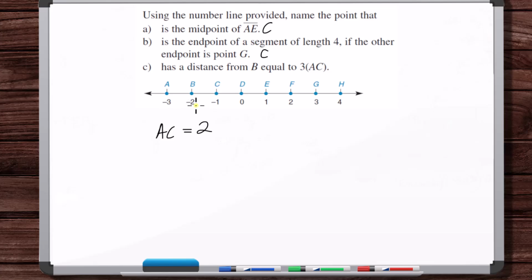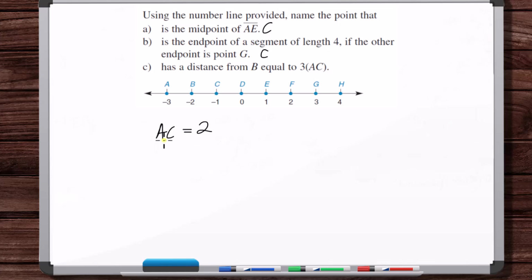Well, remember, a segment doesn't have a negative length. This is just like a label, or like a coordinate system. If you have the front of your house and the back of your house, you could call the back of your house the negative coordinate region. But if you're talking about the length of anything, there's no negative lengths. So this is 2.